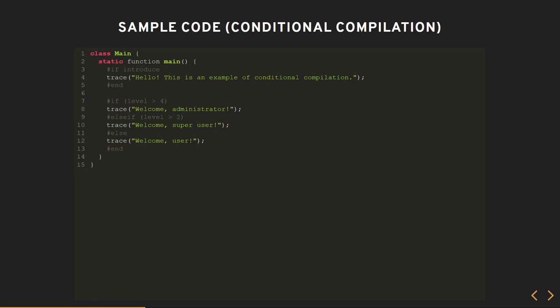For example, if you wanted to compile to Windows, you would do hashtag if Windows, and Windows would be a variable that's defined in your compiler settings. So the compiler knows about it at compile time. You would put your Windows code in between these tags, then you would put hashtag else if Linux, then your Linux specific code and so on.